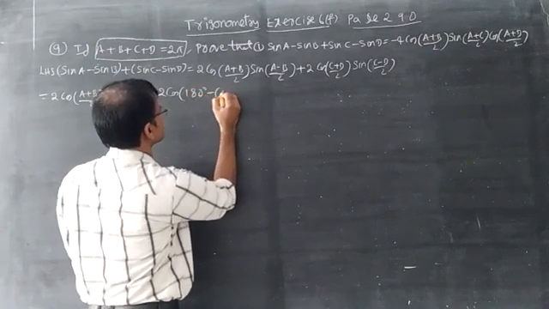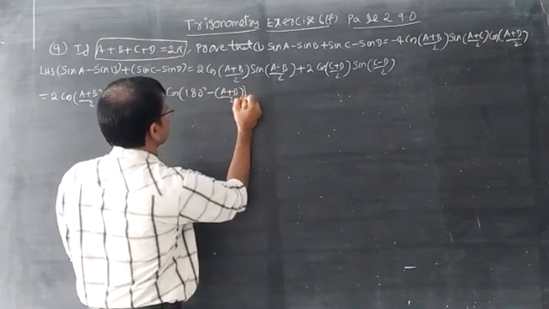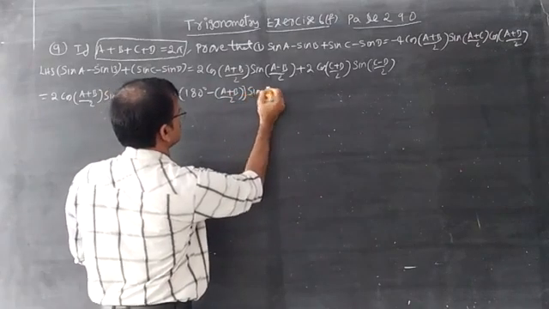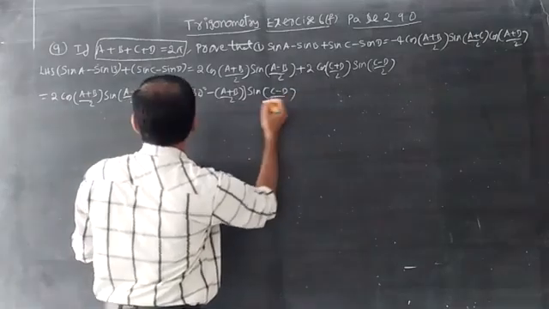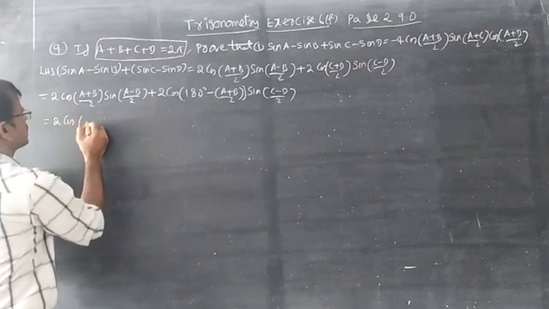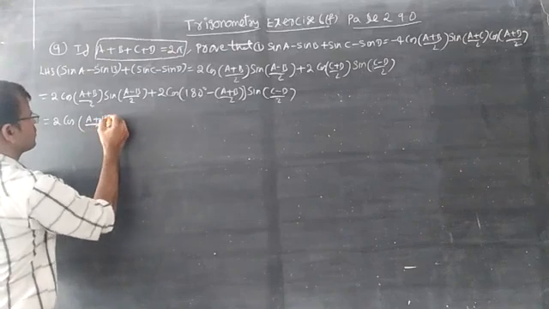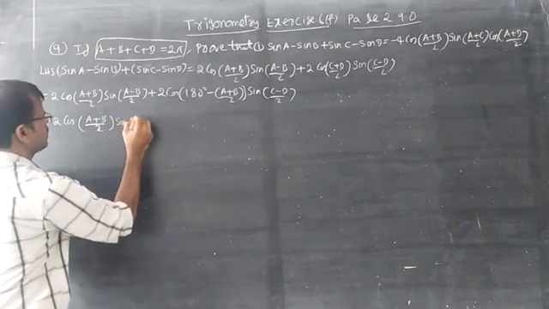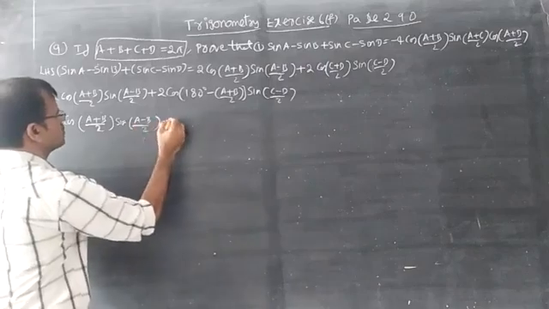180 degrees minus of A plus B by 2 into sin of C minus D by 2. That is equal to 2 cos of A plus B by 2 into sin of A minus B by 2.